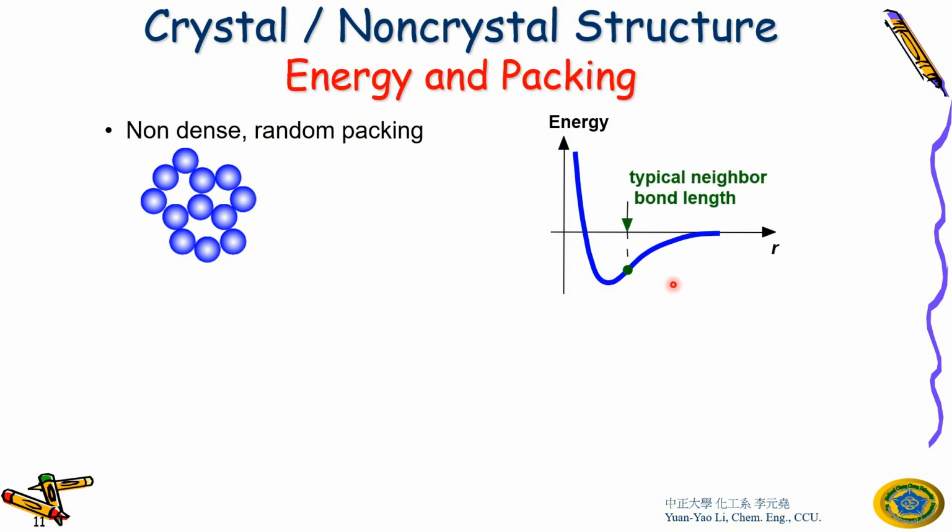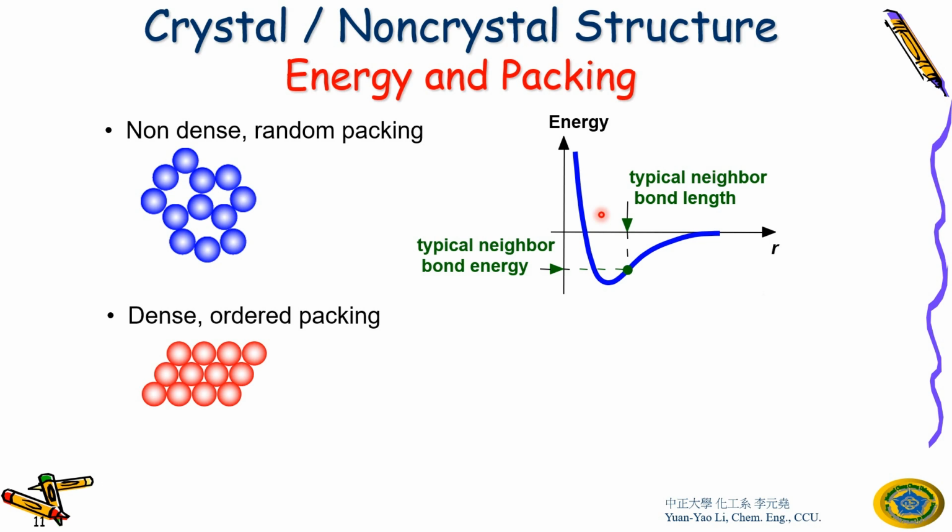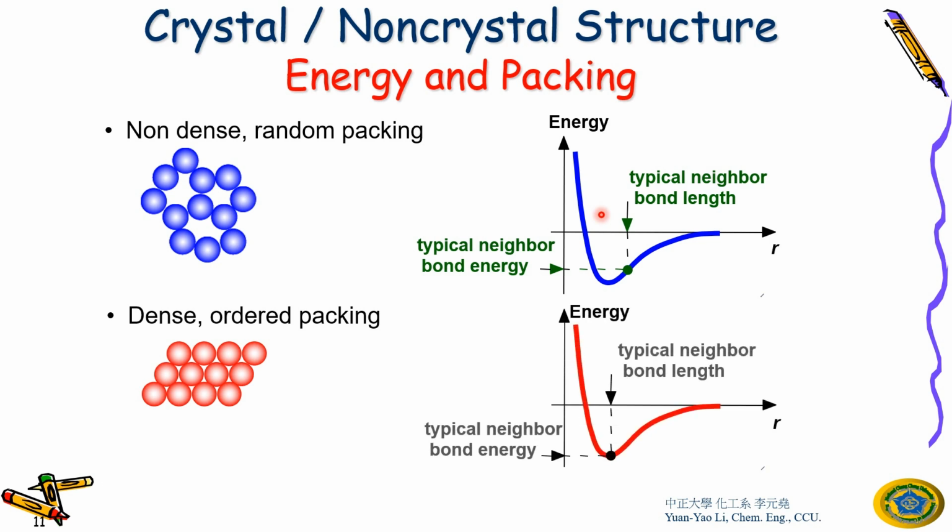So this might be the typical neighbor bond length and energy, because it's long, average. But for the dense ordered packing, the energy will be here, very, very low, very stable, and the distance reaches the equilibrium spacing. Okay, easy.